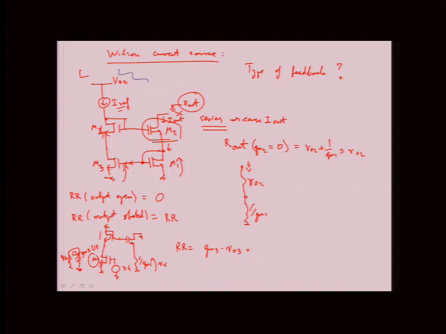And then we go into just the source follower, which is GM2 minus 1 over GM3 over 1 plus GM2 times 1 over GM3.